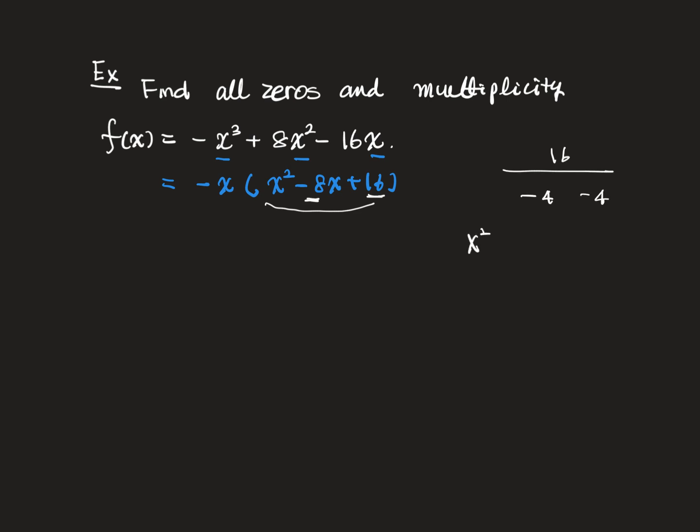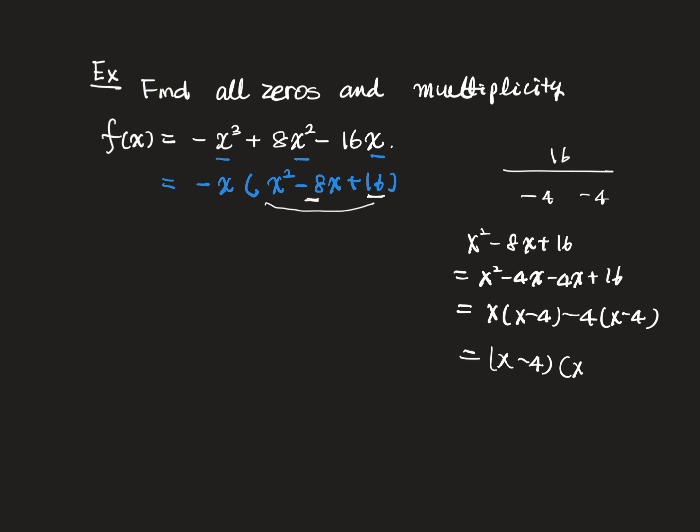So x squared minus 8x plus 16 factors as x minus 4 times x minus 4.